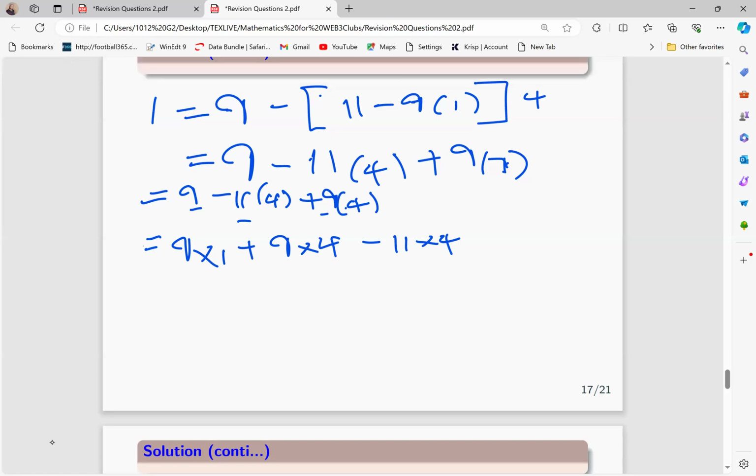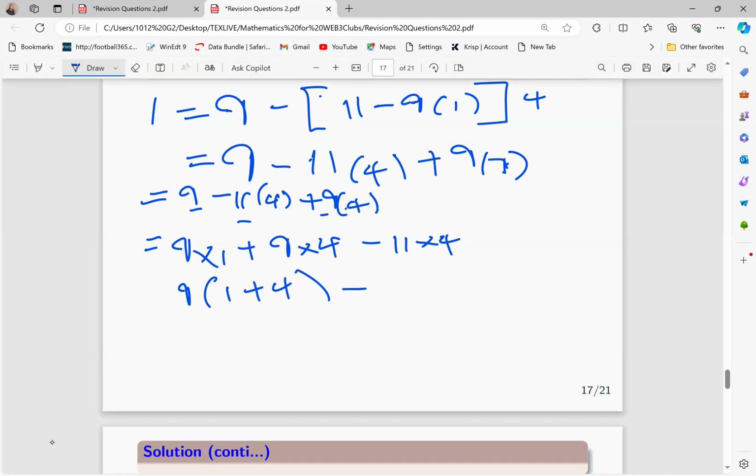Factor 9 out. 9 will go, the first part will go there once, go here 4 times, inside the bracket. So 9 outside the bracket, and inside, it goes there once and then it goes there 4 times. So close the bracket. Yes, and then minus the 11 times 4. Okay.